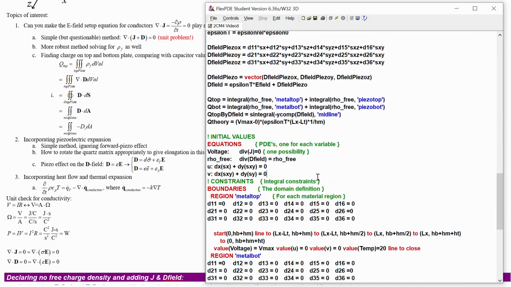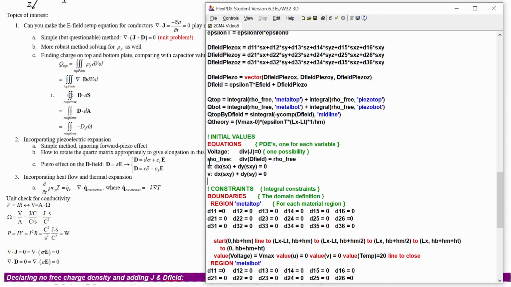Then, in the differential equations, we'll go for the steady state heat equation, where this is 0, and we can move this part over to the other side and get that the divergence of heat flux density is equal to Q dot vol.